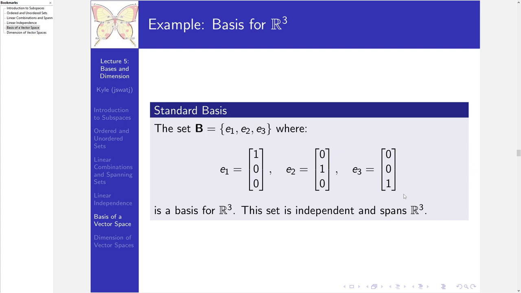So here's an example of a basis. The set B with standard coordinate vectors E1, E2, and E3. I wrote down what these are because I think he covers them a little bit later, but that's fine. I think most likely if you're reading abstract algebra, you've been through linear algebra, I would hope. So that's all good.